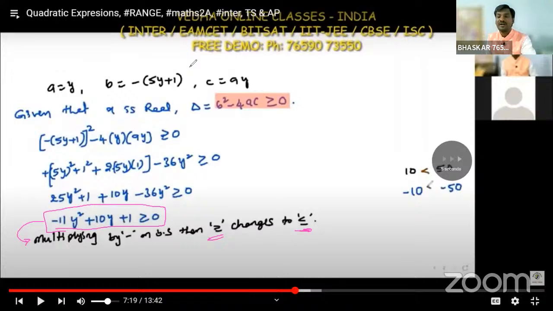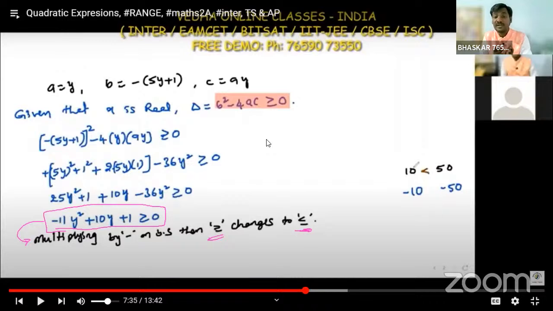For example, 10 is less than 50. Just a general example. Is it correct or not? 10 is smaller, 50 is bigger. Which side is open? That side value is bigger. If you multiply by minus on both sides, we get minus 10 and minus 50.